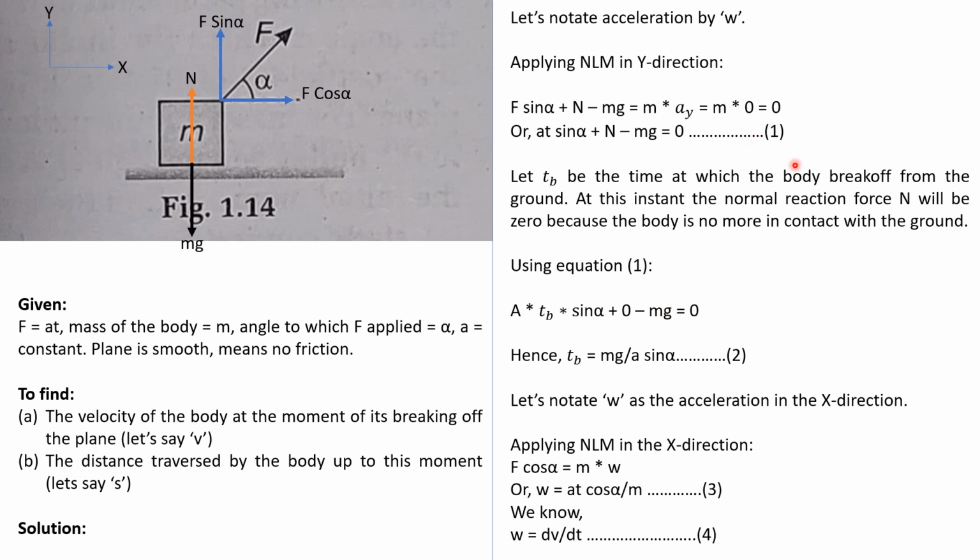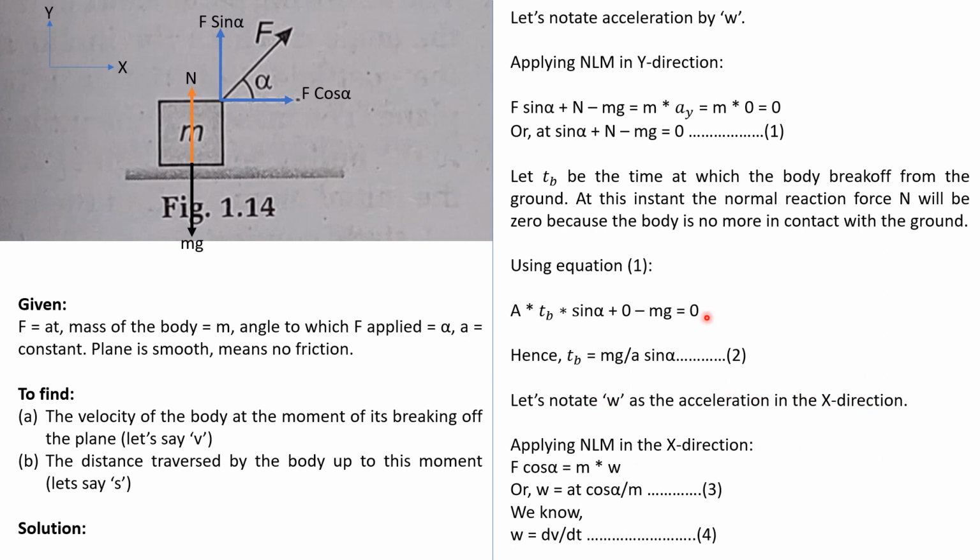Using equation 1, if we put N equal to 0, we get A into t_B into sin alpha plus 0 minus mg is equal to 0. This is small a, so you can correct it while writing on your paper. Hence t_B will be mg by A sin alpha. This is equation number 2.